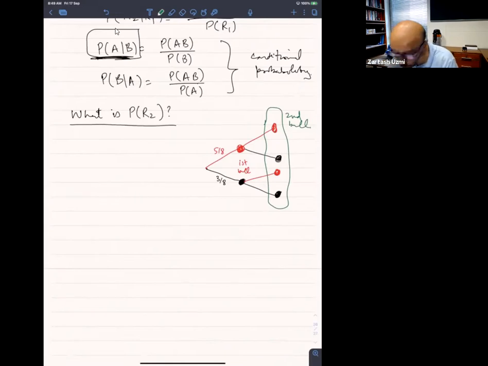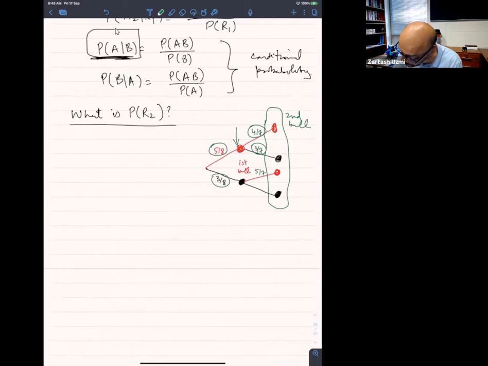So if the first ball is red, what is the probability given this, what is the probability that the second ball is also going to be red? Is 4/7. What is the probability second ball is black? Is going to be 3/7. बिल्कुल उसी तरह जैसे इन दोनों का सम जो है वो 1 है, बिल्कुल उसी तरह से इन दोनों का सम भी 1 होगा. If the first ball is black, what is the probability that the second ball is red?